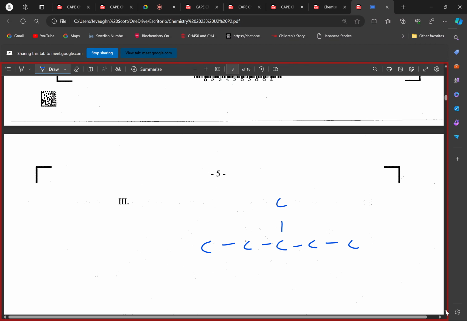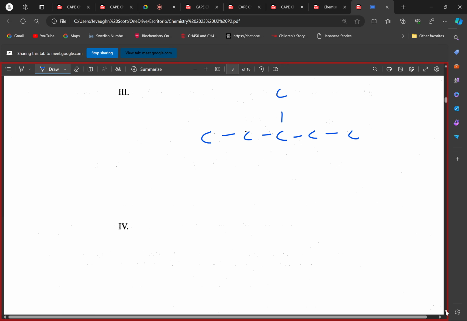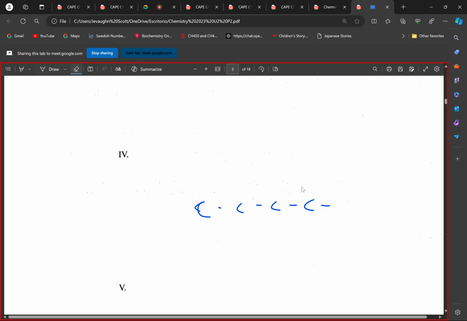Alright. We could have 1, 2, 3, 4. Okay, let me fix this. We could have something like this as an isomer.